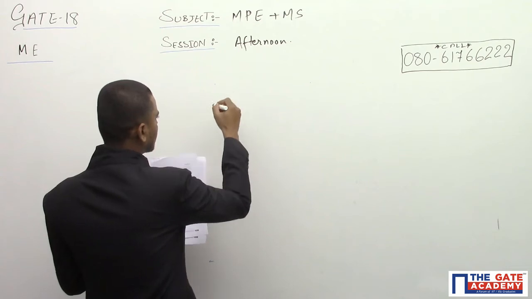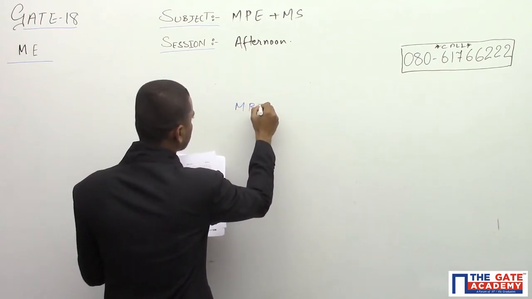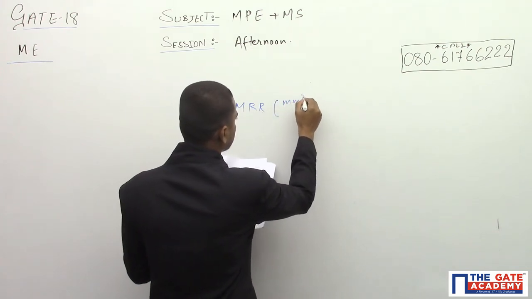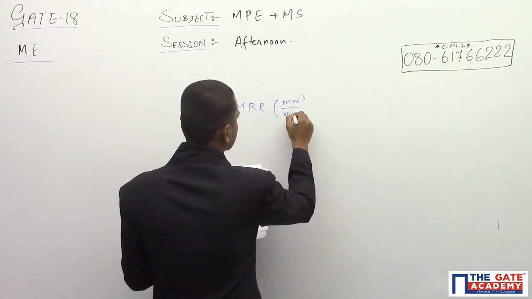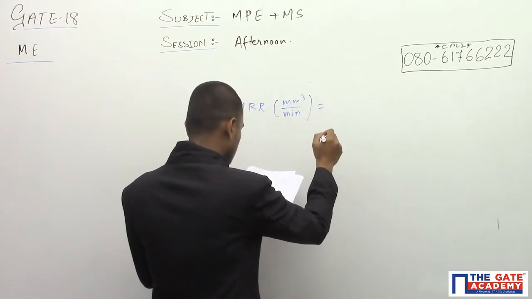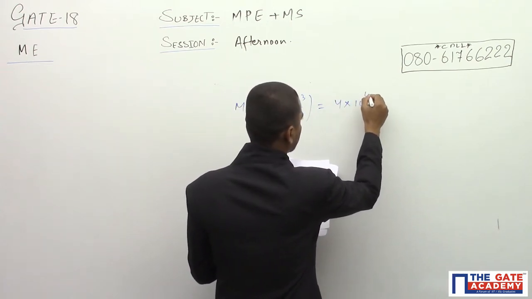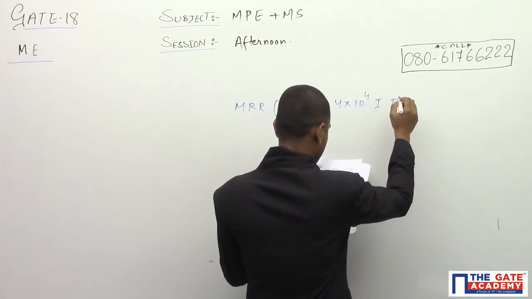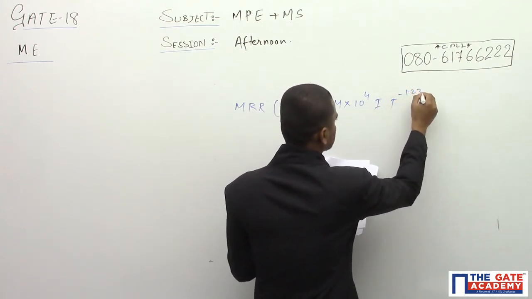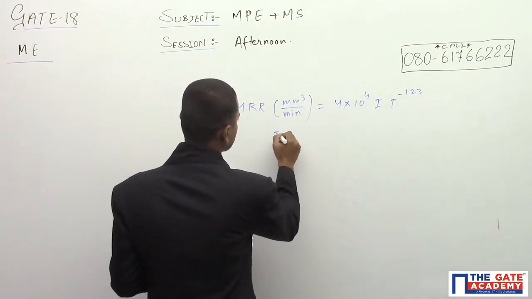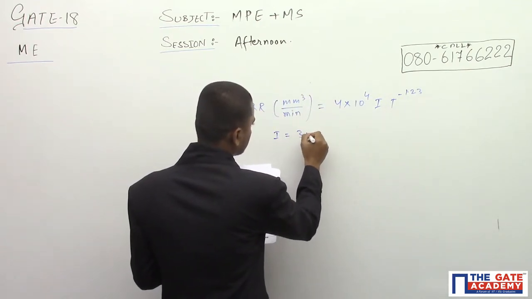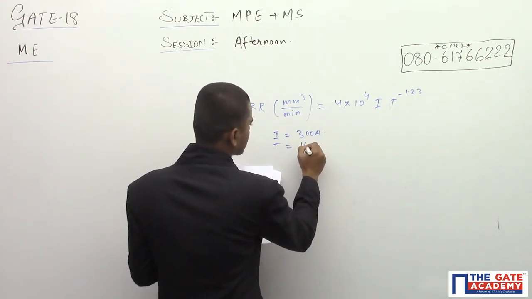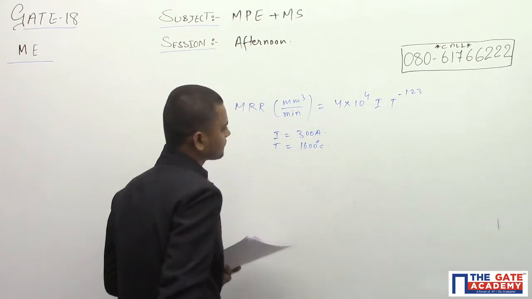So the given data is this MRR, the material removal rate in mm cube per minute, which is equal to 4 into 10 to the power 4 into current into temperature to the power minus 1.23. Now the current given is I equal to 300 ampere and temperature is 1600 degrees centigrade.